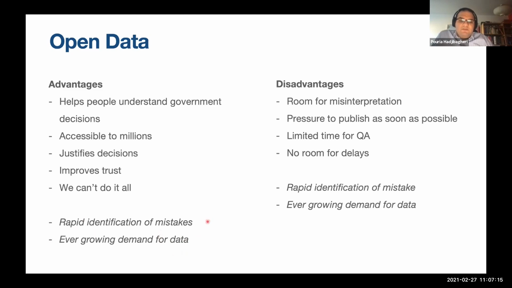The rapid identification of mistakes is an advantage in that we can very quickly identify them. There are 45 million daily records being pushed onto the service. There's zero possibility for us to identify any and all mistakes. There are things that we can check, like headline metrics, but anything beyond that is impossible for us to check.